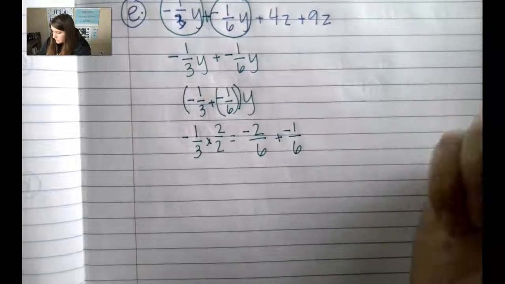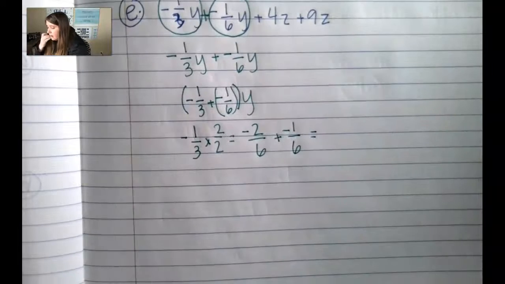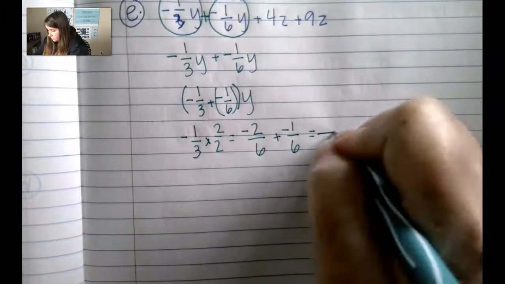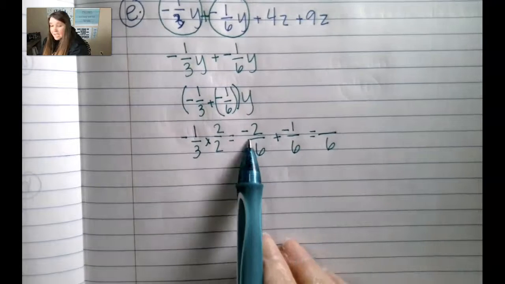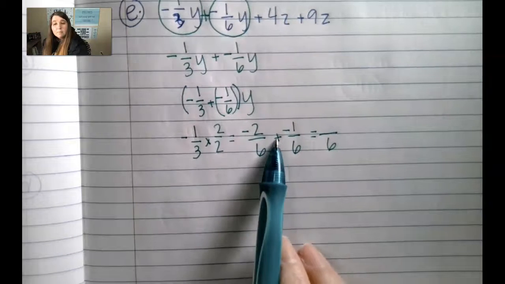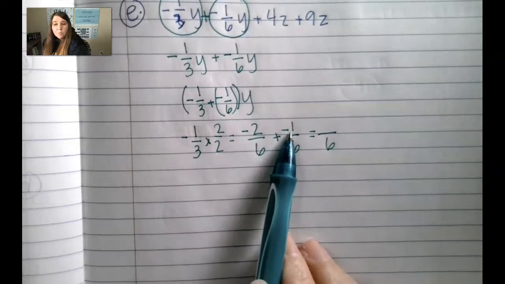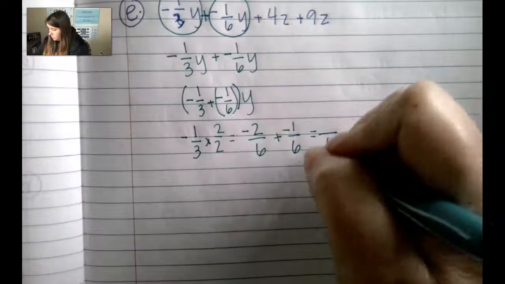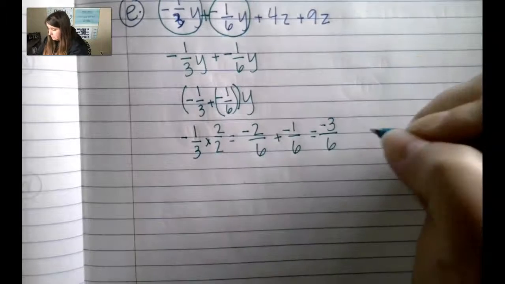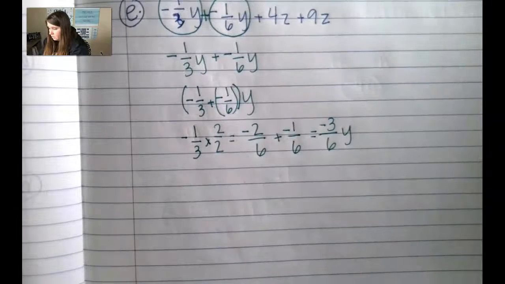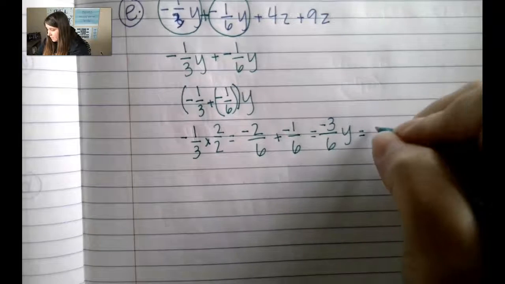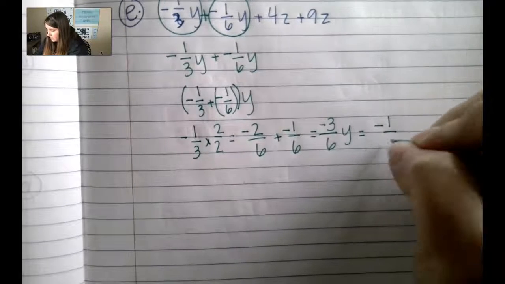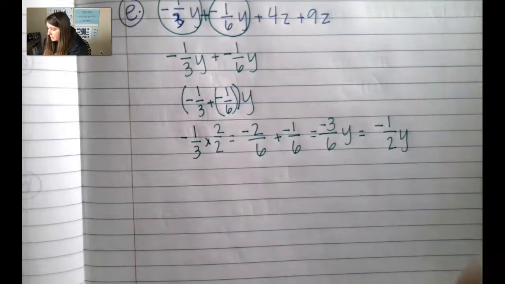All right. Now we're just going to worry about our top numbers. I have negative 2, and I'm adding negative 1 for a total of negative 3/6 y. Or I can simplify this down and make it negative 1/2 y.